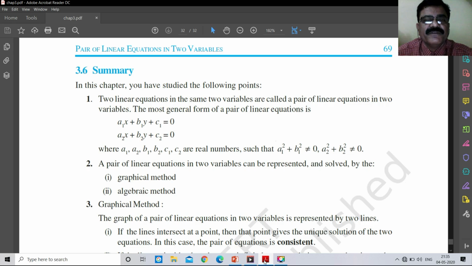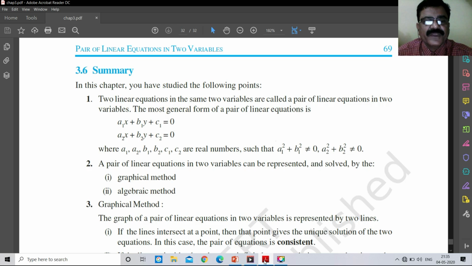The most general form of a pair of linear equations is a1x plus b1y plus c1 is equal to 0, a2x plus b2y plus c2 is equal to 0, where a1, a2, b1, b2, c1, c2 are real numbers such that a1 square plus b1 square not equal to 0, as well as a2 square plus b2 square not equal to 0.